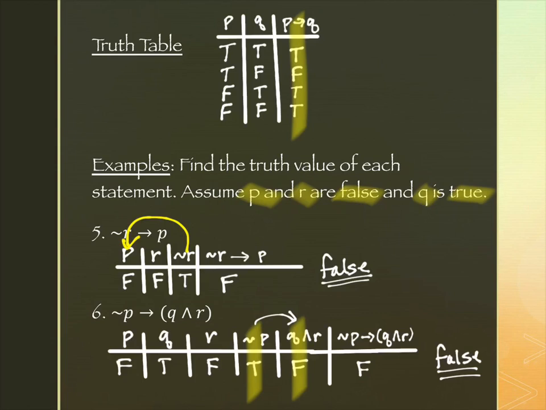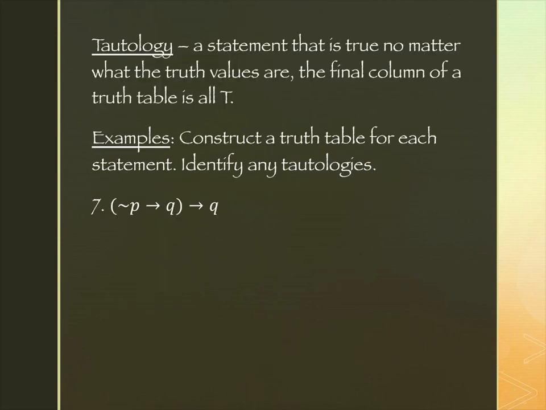Okay. Last section, we talked about things called equivalent statements, and we ended with De Morgan's laws, and they created some equivalent statements. We can also check for equivalent statements with something called a tautology. A tautology is simply a statement that's true no matter what the truth values are.